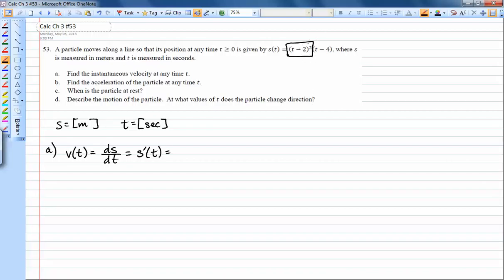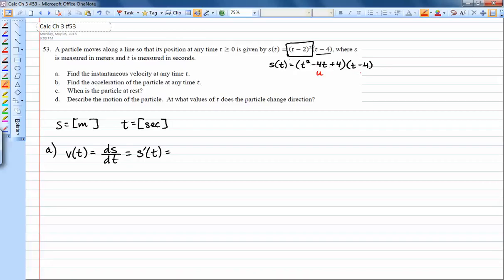So let me FOIL this part out first. S of t is really going to be t squared minus 4t plus 4, and then times t minus 4 next to it. You could keep going if you wanted, but you could also just use the product rule on that. So that's what I'll do.